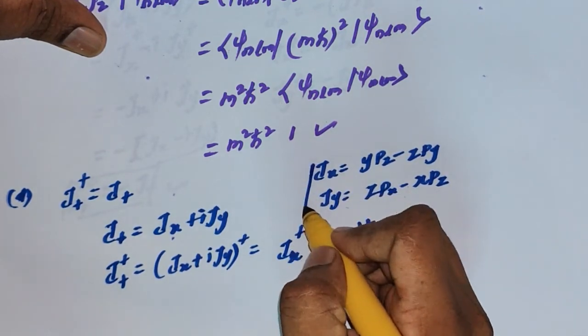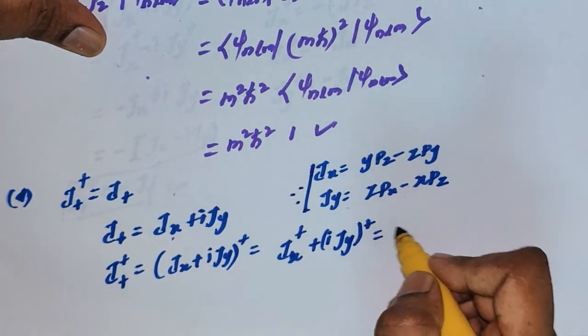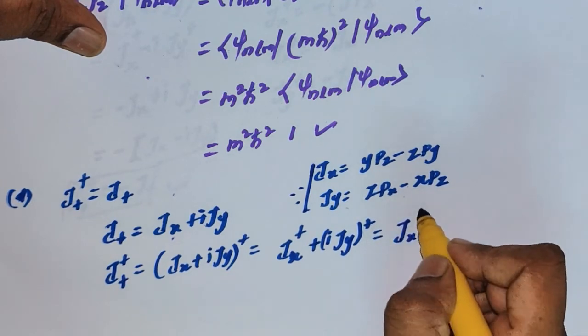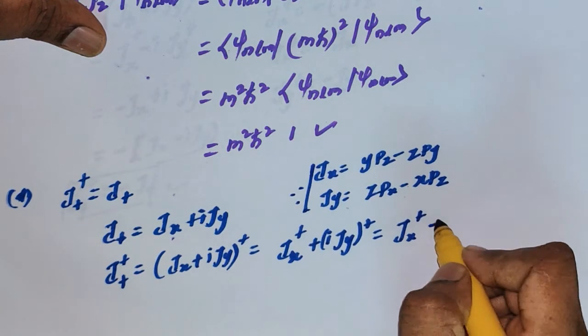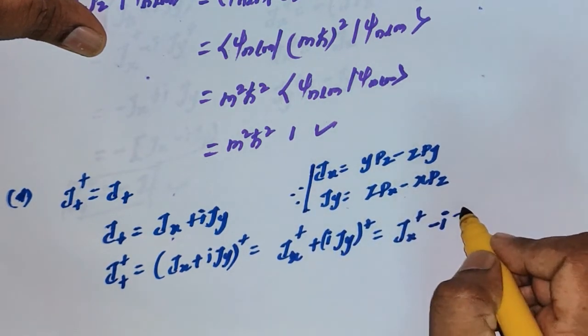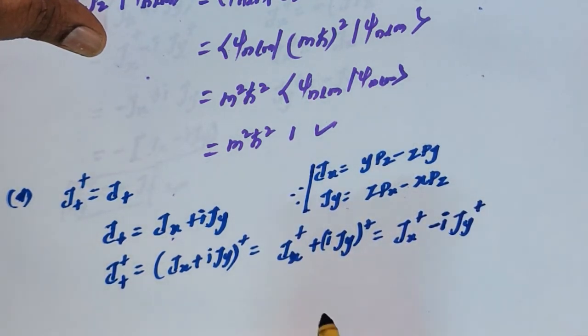Taking the dagger, the plus i turns into minus i times Jy dagger.